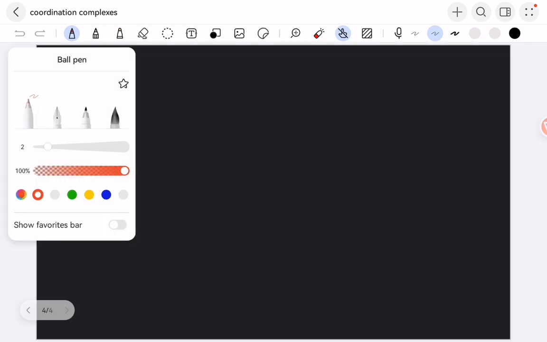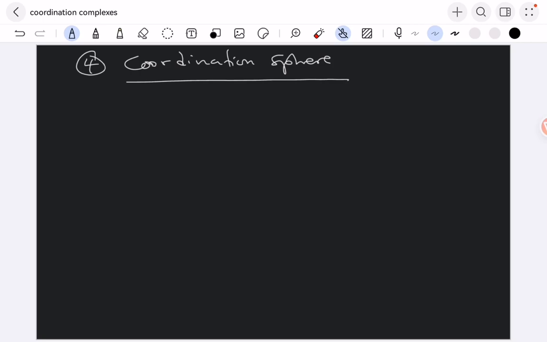Then 4, the other important term that I would like us to know, is known as the coordination sphere. So what do they mean when they say coordination sphere?